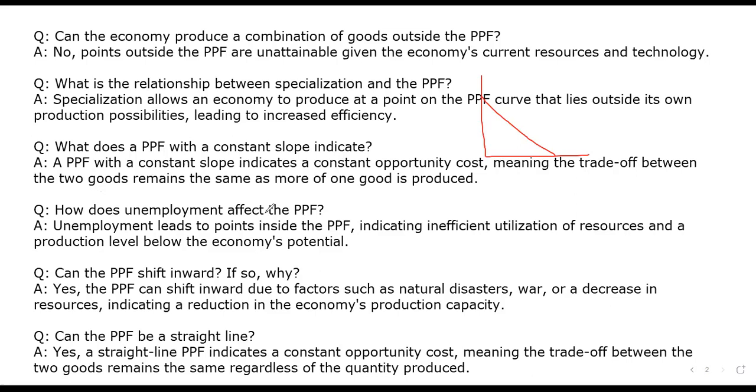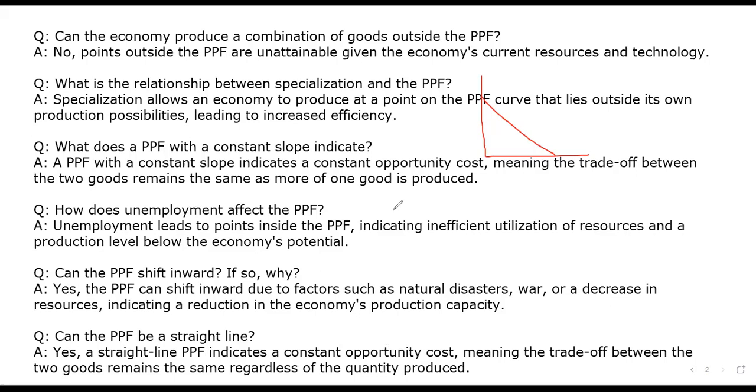How does unemployment affect the PPF? So unemployment leads to points inside the PPF, indicating there's inefficient utilization of resources and we are producing below the economy's potential.